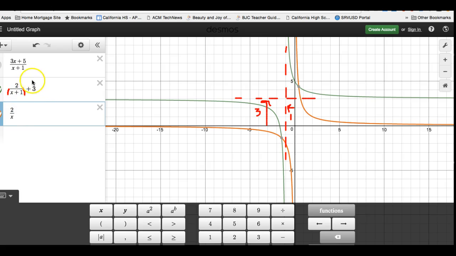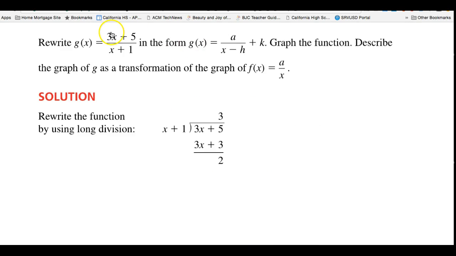If you're adding 3 to your entire function, it means it's a vertical translation. Okay, very straightforward. The key is translating these into the new format. So make sure you do your long division, see how many times your denominator goes into your numerator, and then write the remainder over the denominator.